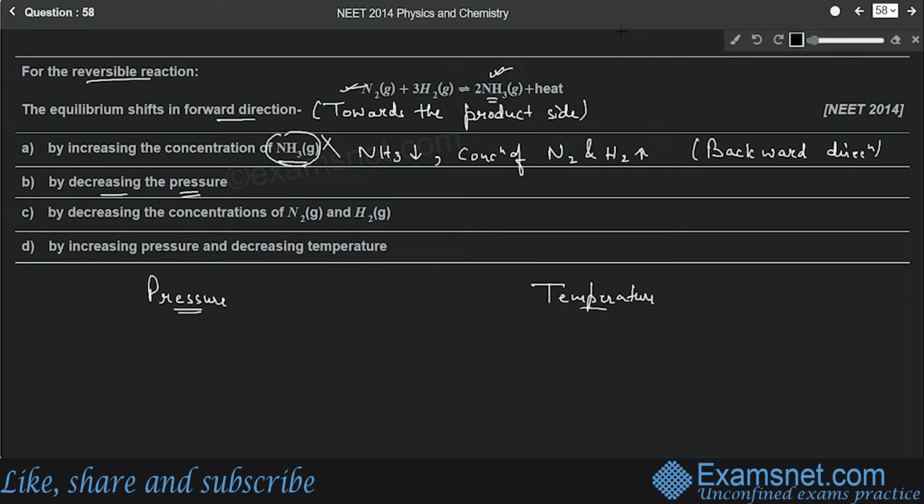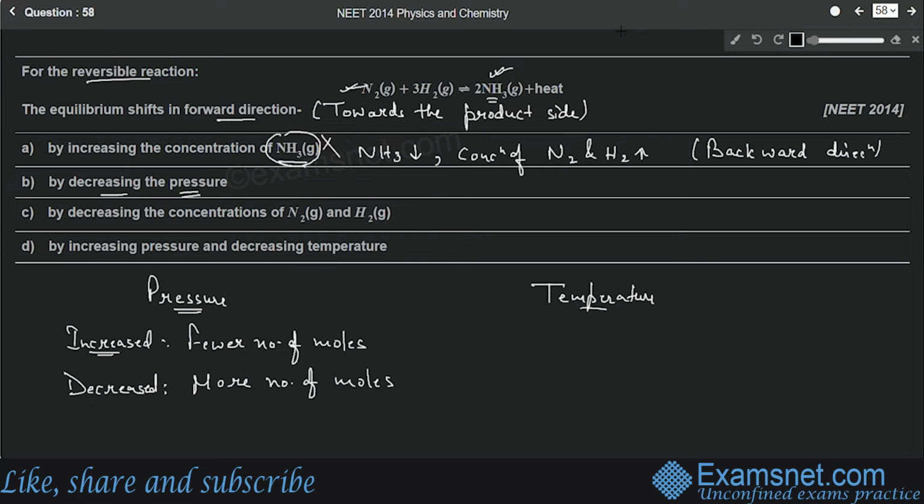Whenever the pressure is increased, the reaction will move towards the direction where there are fewer number of moles. And if the pressure is decreased, then the reaction will move in the direction where there are more number of moles.